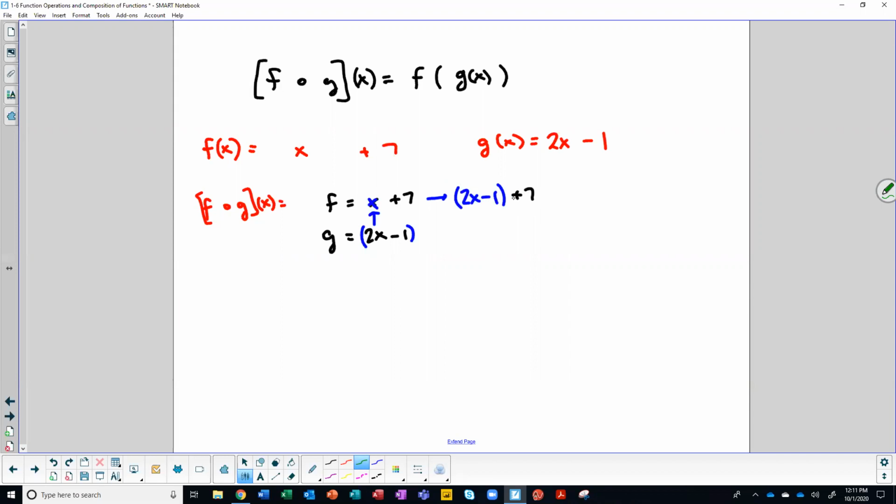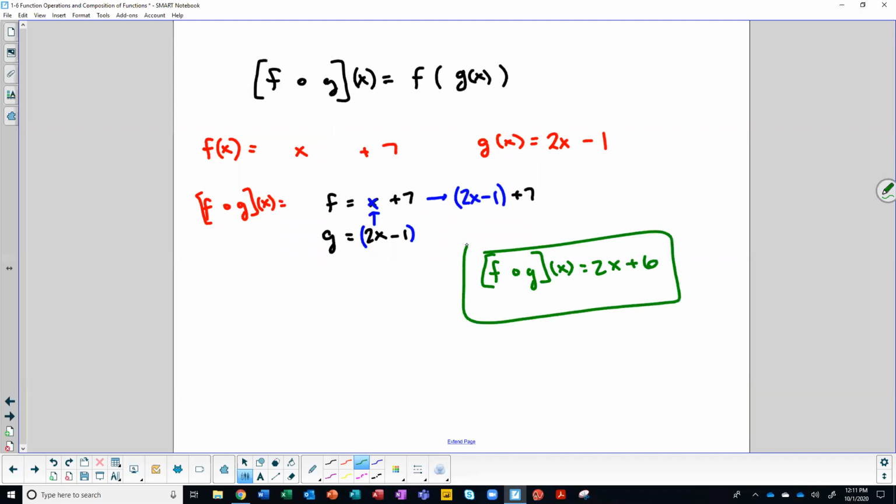Minus 1 plus 7 is going to be 6. So that means f of g of x is equal to 2x plus 6. That's my answer right here. Why is that? Because this was the same thing as 2x minus 1 plus 7, which equals 2x plus 6.